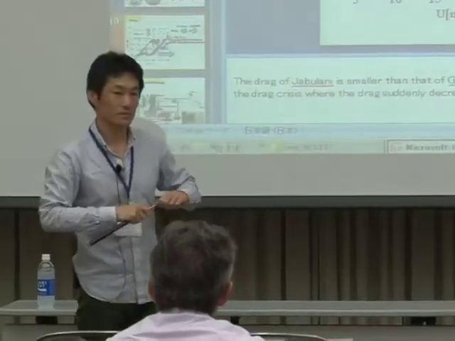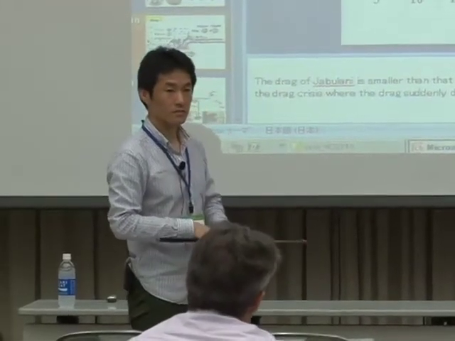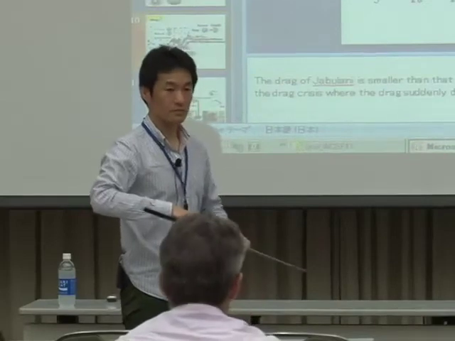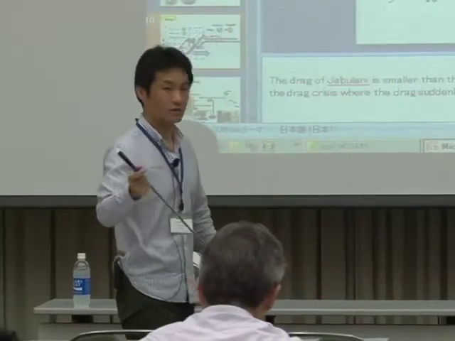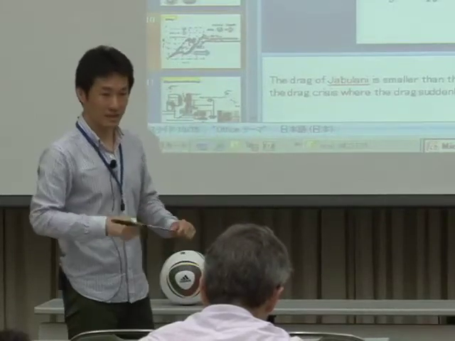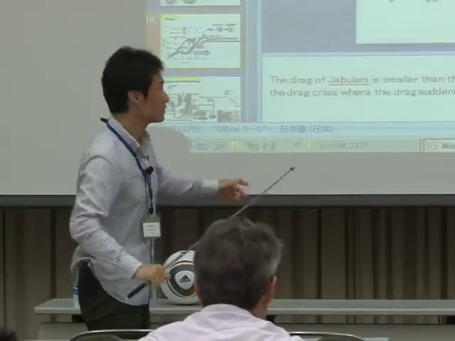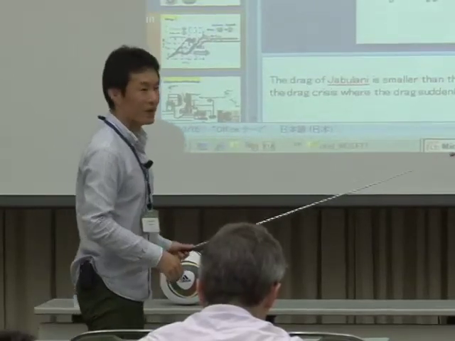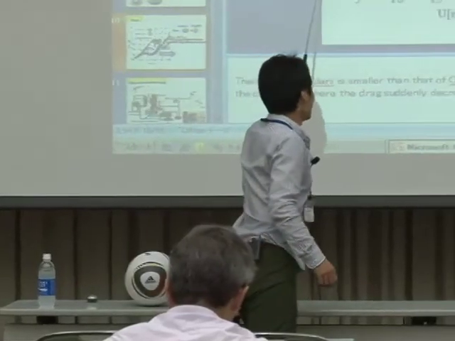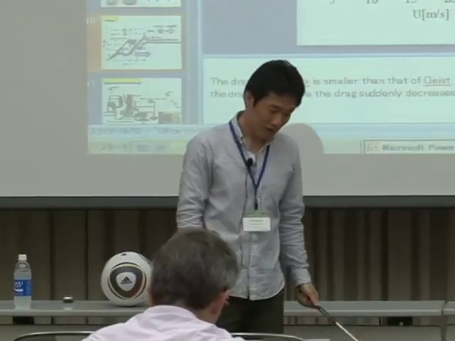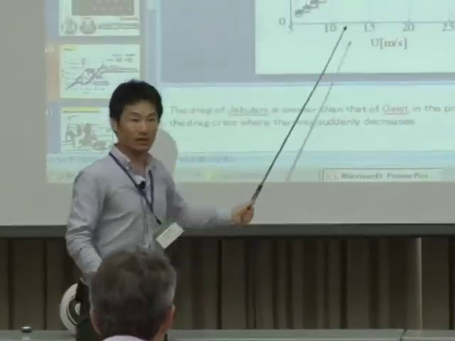So the Jabulani is the newest 8-panel ball, and the Teamgeist is 14. And have you tried the experiment on the classic type ball, the mixture of pentagon and hexagon, 32 panels? Do you have some data on that? Yes, I have. From the point of view of the drag crisis, it occurs around here, 10 meters per second or so.